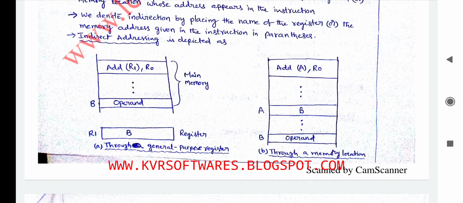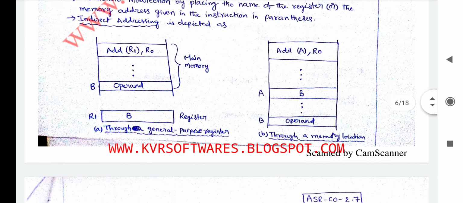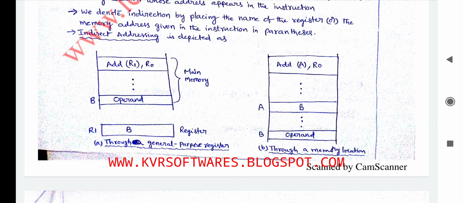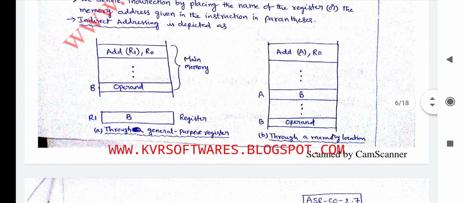So we are not going to add A itself. A is the address where the contents are stored. A contains B, and B contains the operand. So we have to add the operand with the contents stored in R0. That is the representation of indirect address.